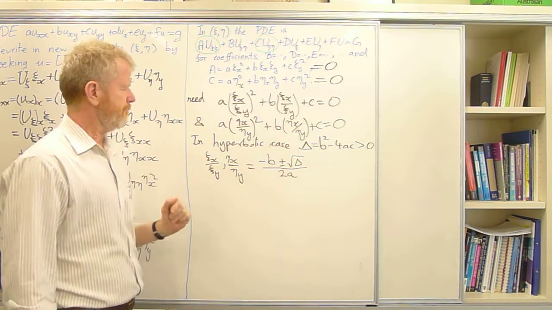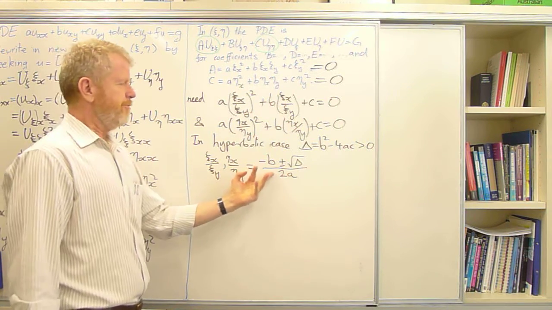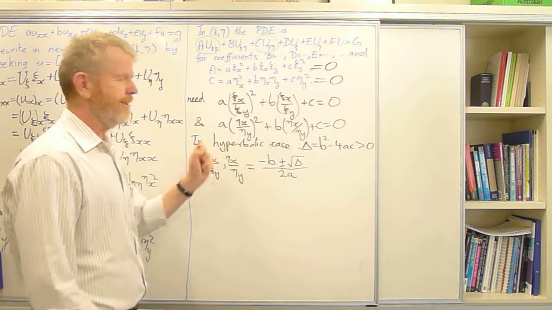So there's two roots of the quadratic. We've got two things, so let one be one and the other the other.